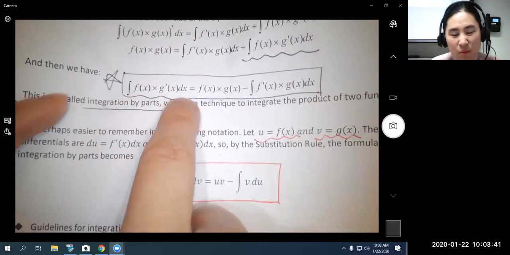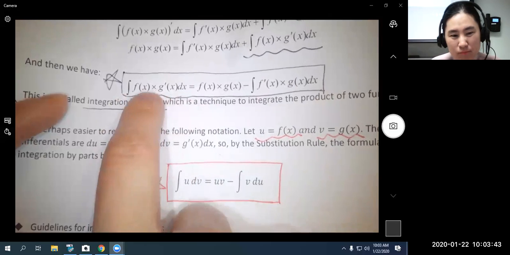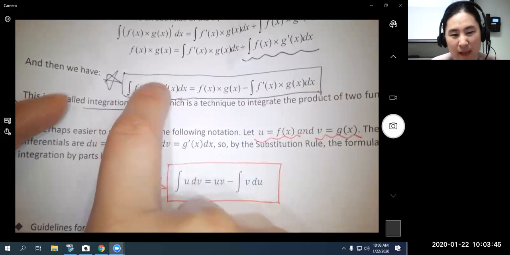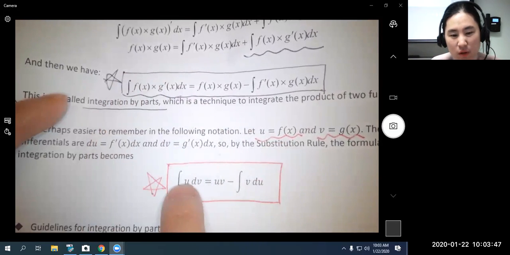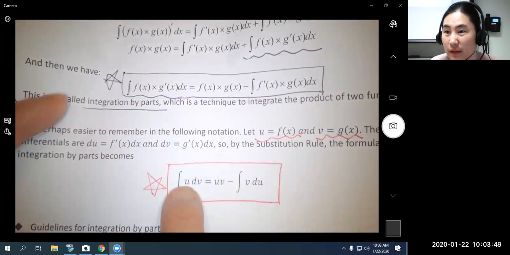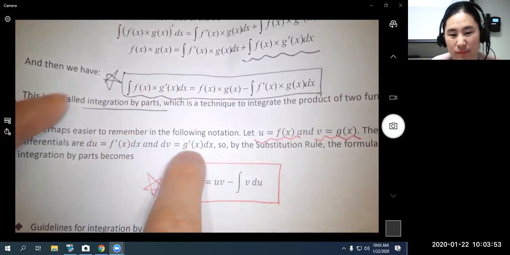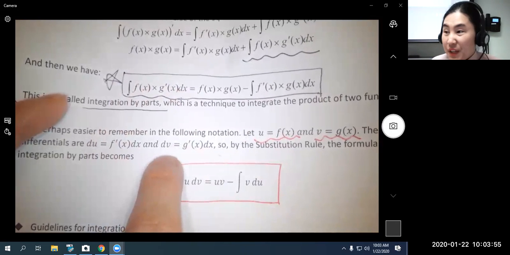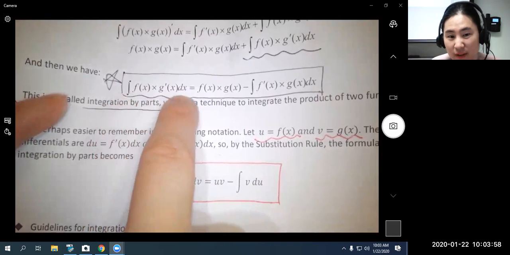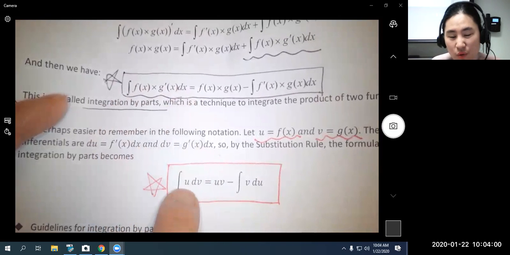So left-hand side, what can we get, guys? To replace f of x, we can get u, right? What is g prime of x dx? dv. So the left-hand side becomes u times dv.